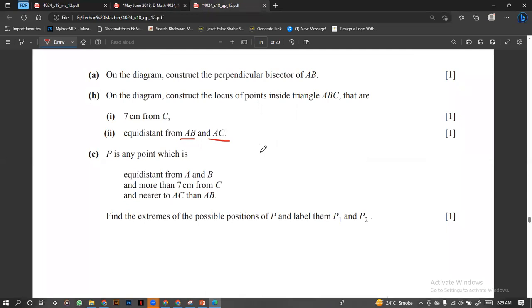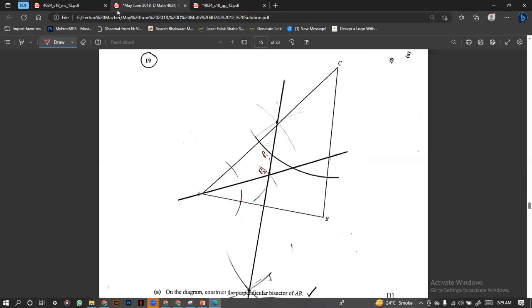Then in part C, P is any point which is equidistant from A and B, that is on the perpendicular bisector, and more than 7 centimeter from C. So you have to remain outside that circle, on this line, and nearer to AC than AB.